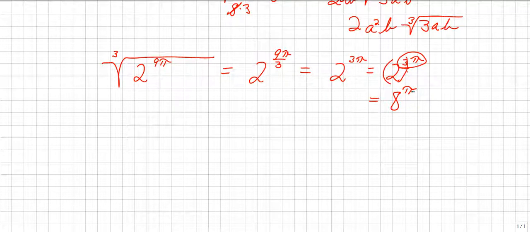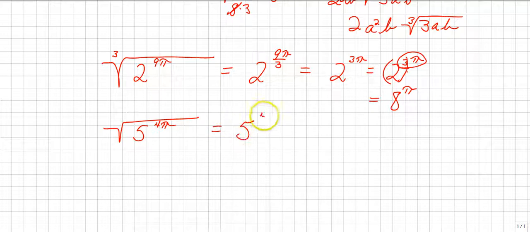Let's try another one of those. So we have 5 to the 4 pi power underneath the radical, and the understood root is 2 because it's a square root. So we're going to rewrite this as 5 to the 4 pi over 2 using our fractional exponent meaning, and now 2 goes into 4 pi 2 times, so 5 to the 2 pi.